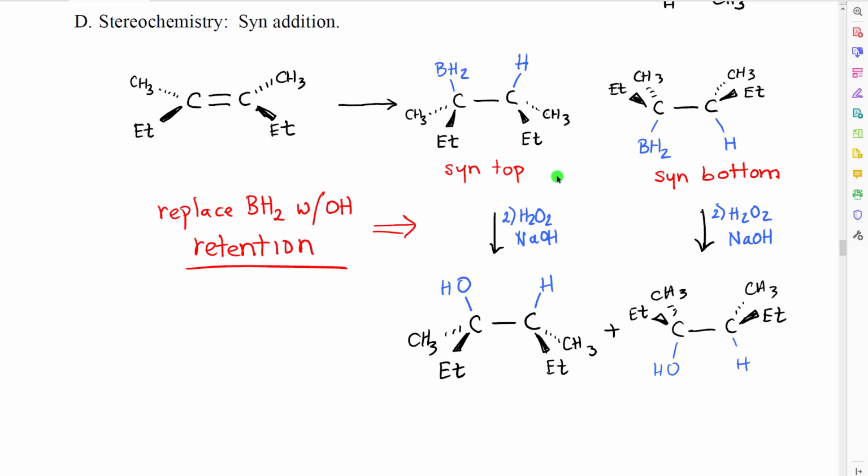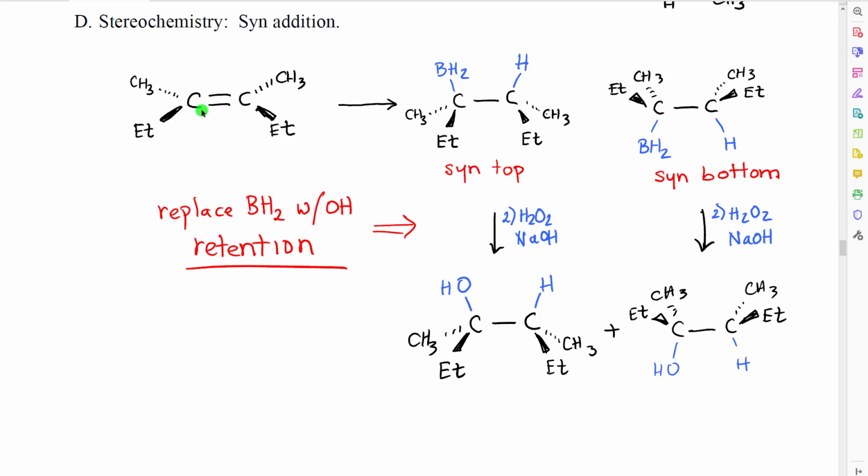It proceeds specifically with syn addition. The reason for this is that the first step is what's known as a cycloaddition. The boron and the hydrogen, which are attached together, add simultaneously, which forces them to add from the same face, since it's not possible for the boron to reach through the molecule to add the hydrogen on the other side.